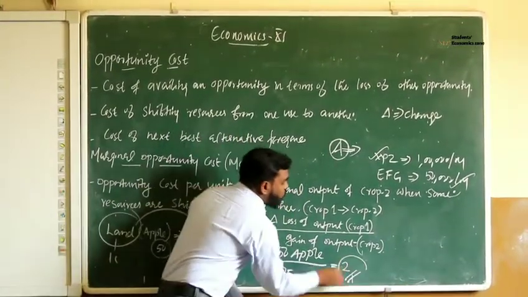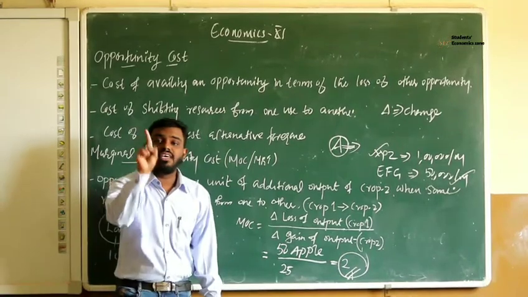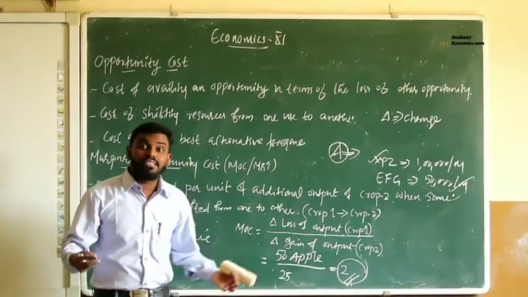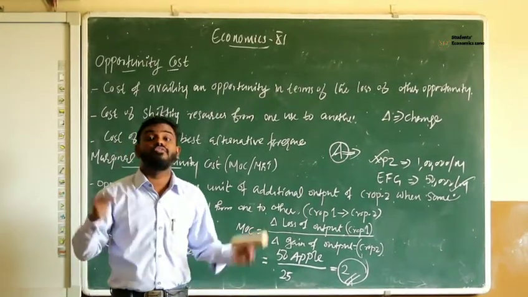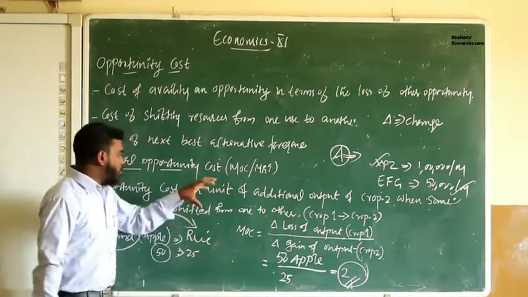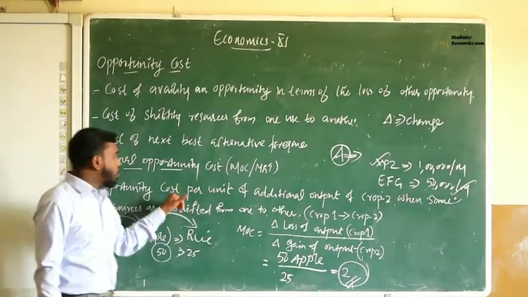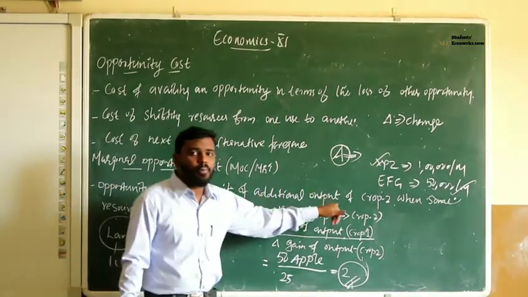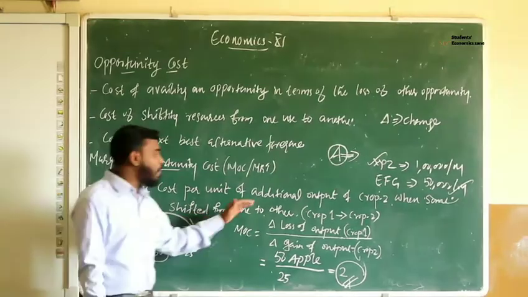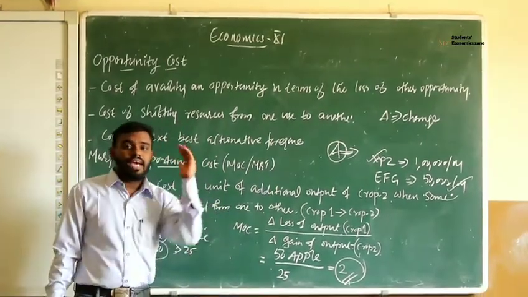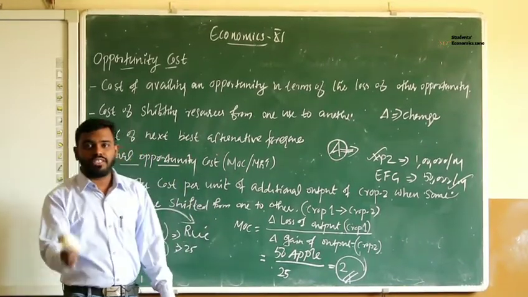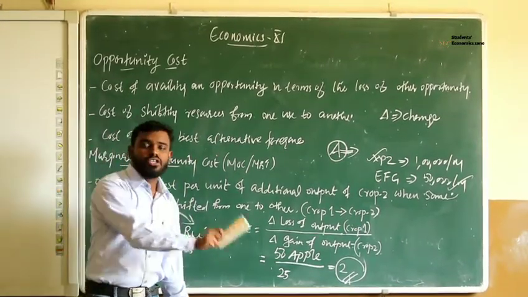This 2 shows that for producing 1 kilogram or 1 unit of rice, we sacrificed 2 units, or 2 kilogram, of apple. So MOC is the opportunity cost per unit of additional output of crop 2 when some resources are shifted from one use to another. That means we shifted our resources from the production of apple to the production of rice.